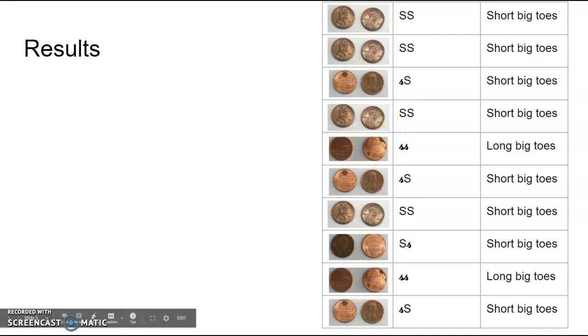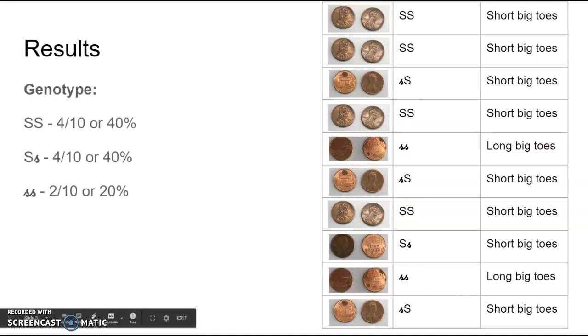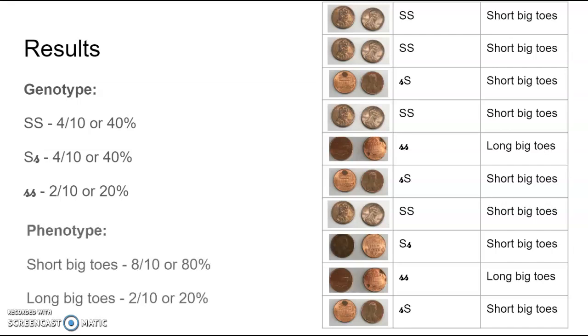So if I list those probabilities out, my genotype results are here: 40% homozygous dominant, 40% heterozygous, and 20% homozygous recessive. That would give me the phenotype ratios of 80% short big toes and 20% long big toes.